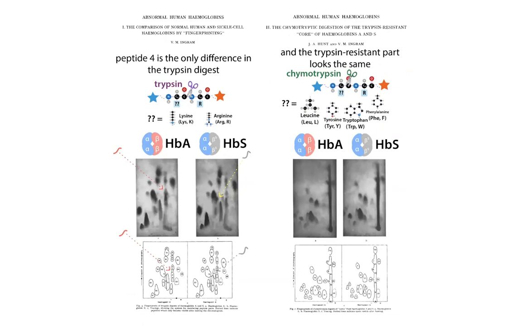But was there a difference in the part that was resistant to that initial cutter? Remember, he had to cut up the protein into pieces in order to see the differences between the pieces. So he had to take a different protease, a different protein cutter, to try to cut up the pieces that he hadn't been able to cut up before. And when he did those, he saw that they were the same.